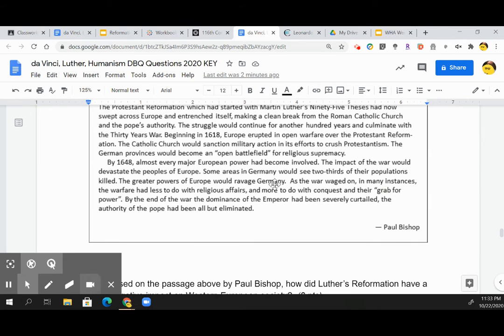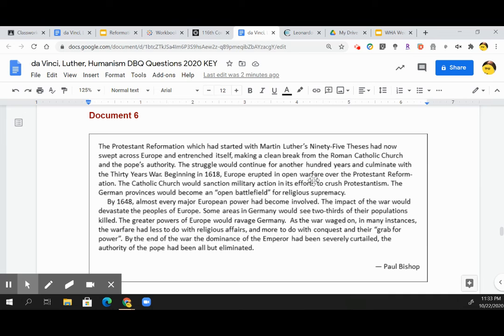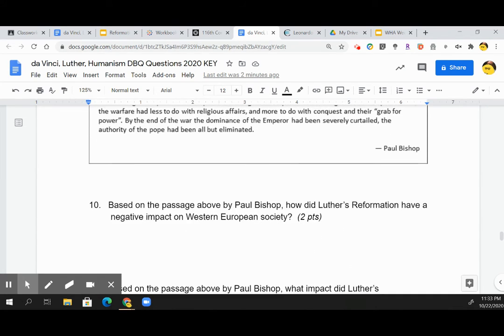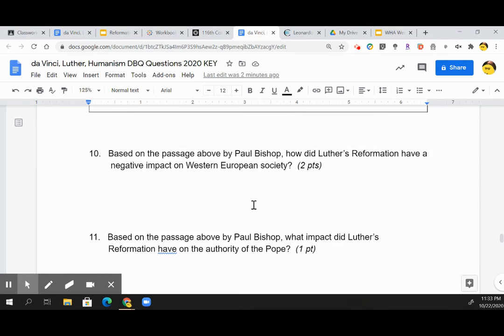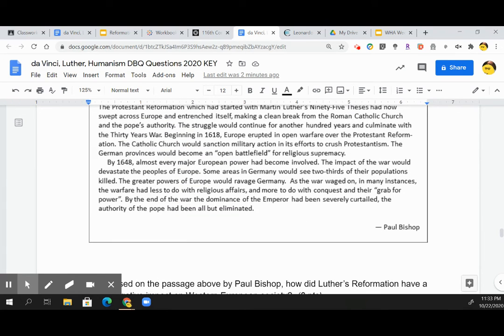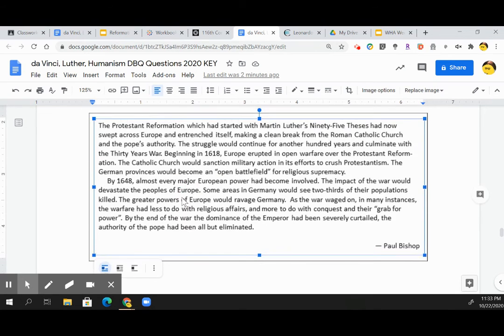So the question is asking you, how did his Reformation have a negative impact on Western society? It emerges into open warfare. But then, based on the passage, what impact did Luther's Reformation have on the authority of the Pope? By the end of the war, the dominance of the emperor had been severely curtailed, and the Pope had been all but eliminated. You can see that from the last line.